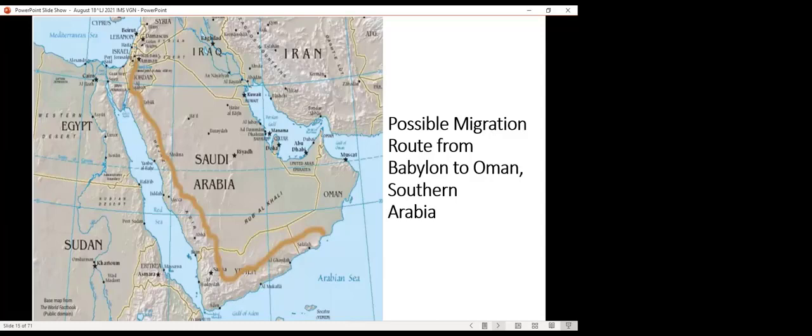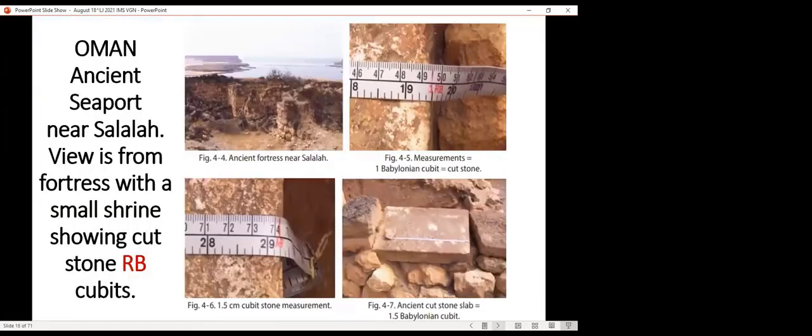This is along the famous frankincense trade route, possible route, of course, from what we were looking for, which we found.